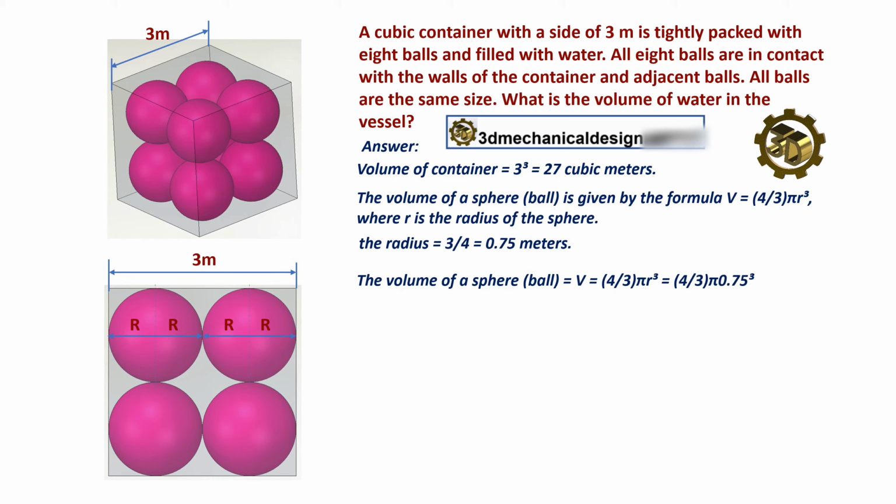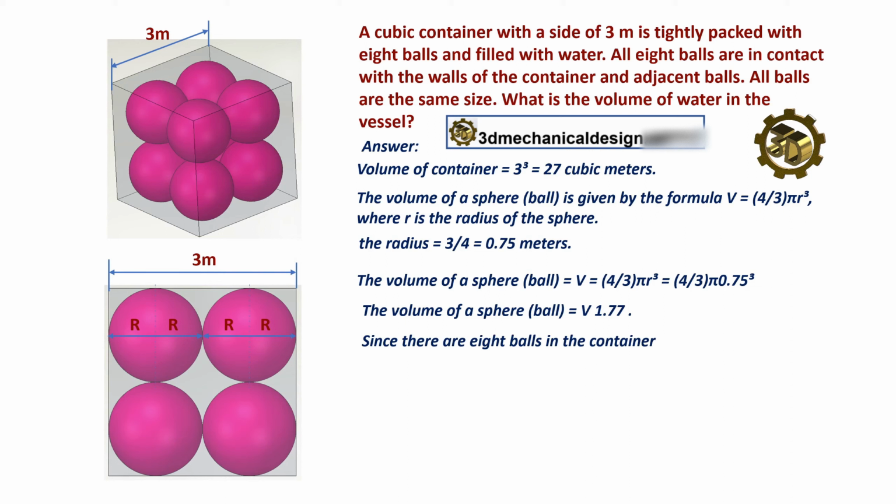The volume of a sphere, ball, equals 1.77 cubic meters. Since there are 8 balls in the container, the total volume of the balls is V8 equals 1.77 times 8 equals 14.13 cubic meters.